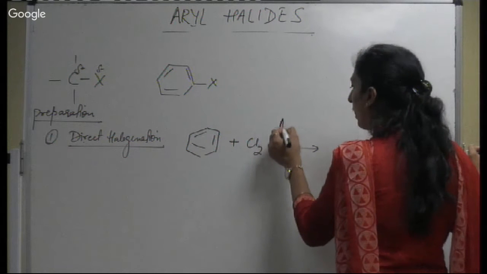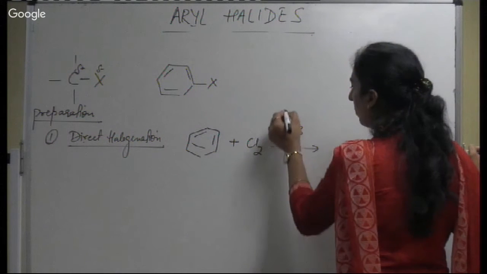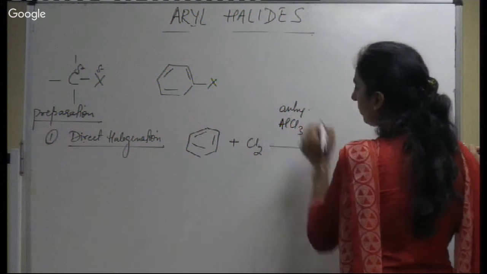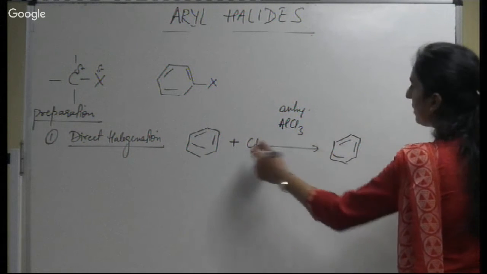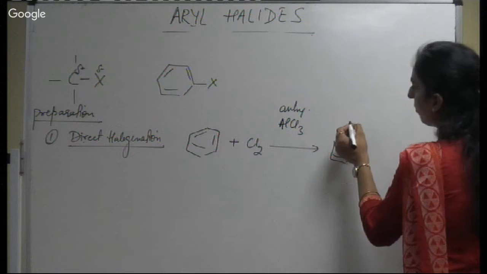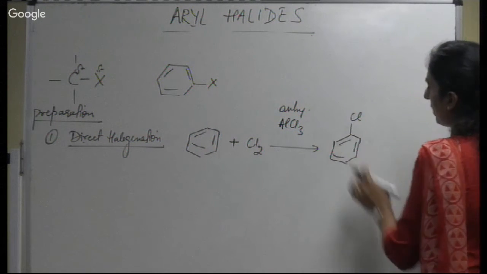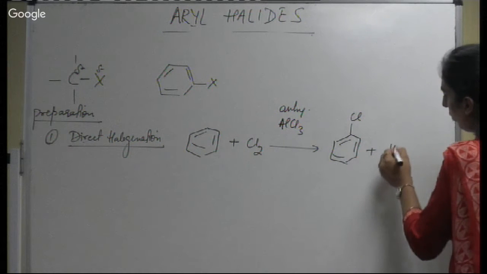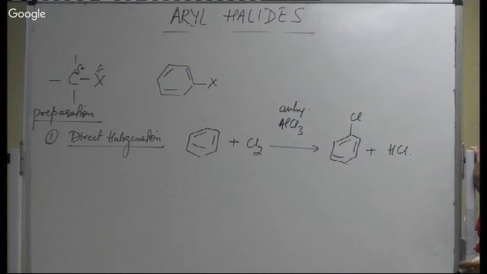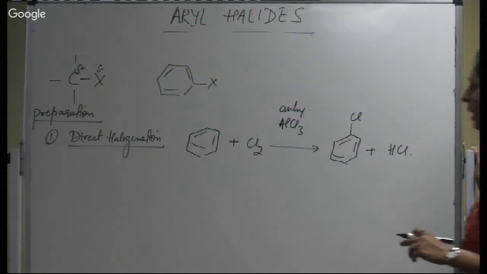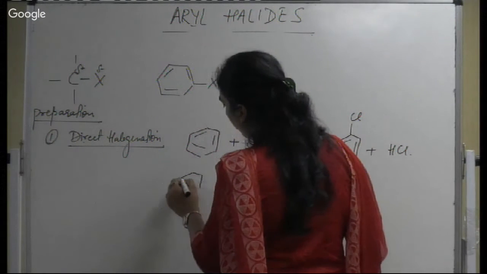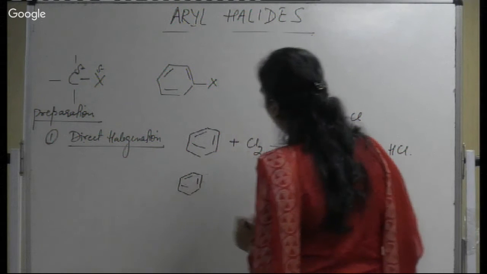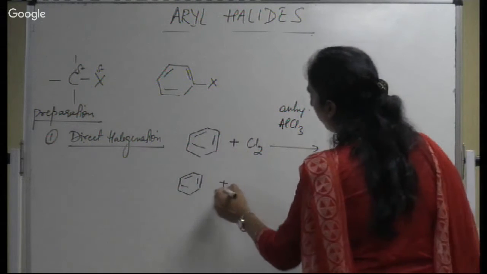If you are taking chlorine, you can take anhydrous aluminum chloride. Just passing chlorine gas in a cold solution of benzene in the presence of anhydrous aluminum chloride will give you chlorobenzene along with the formation of HCl. I'll tell you the role of anhydrous aluminum chloride in that. In the same way you can prepare bromobenzene.